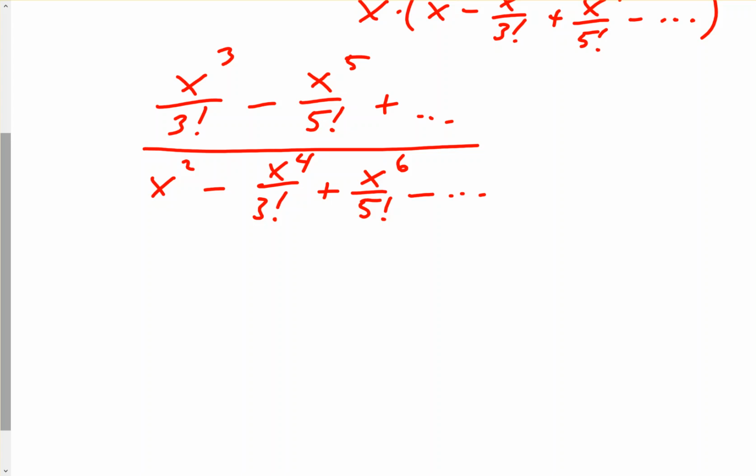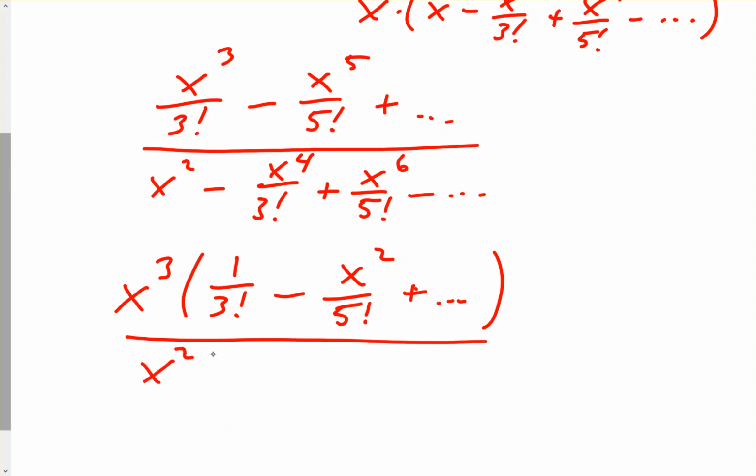Okay, so look at what happens when I do that. If I factor out an x cubed, I have 1 over 3 factorial minus x squared over 5 factorial plus, over x squared, that would be 1 minus x squared over 3 factorial plus x to the 4th over 5 factorial.